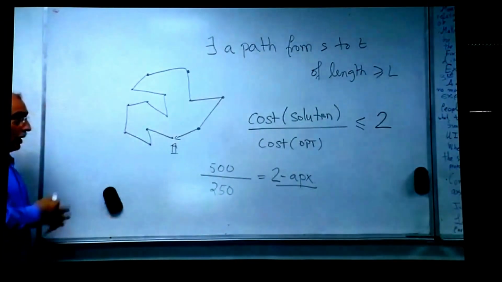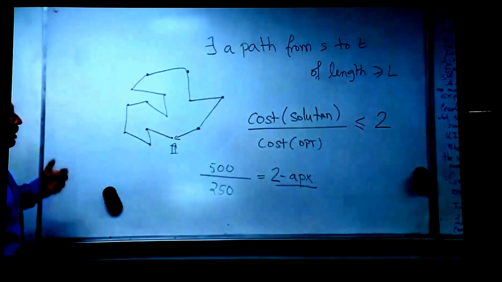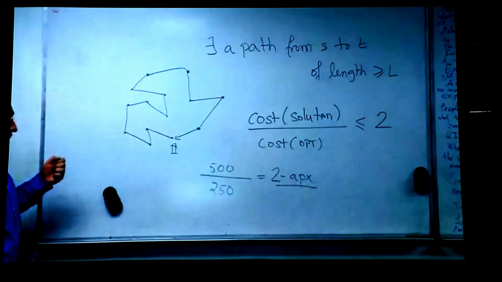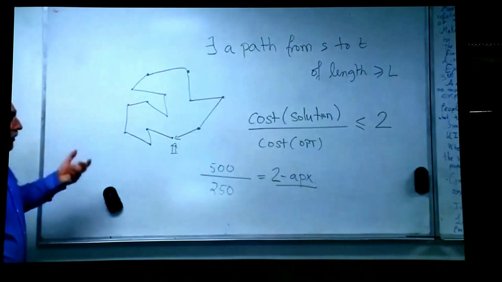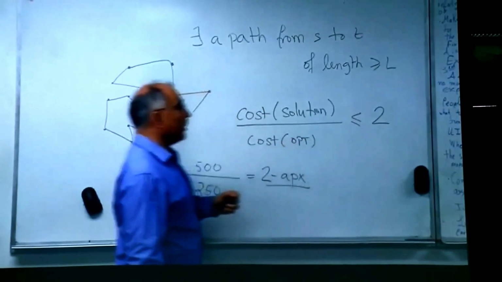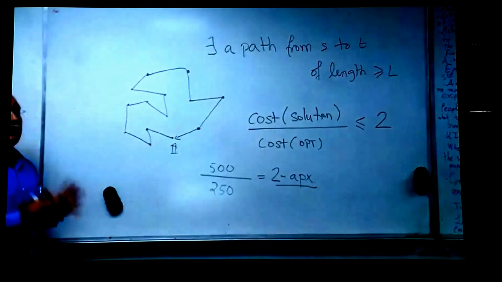So in other words, if the cost of the heuristic is 100, we don't know what the true optimum is, right? That's NP hard, and there's no polynomial time algorithm to find that. But if the algorithm came with a guarantee that the solution is within a factor of 2 of optimum, then we do know that the optimum cost is at least 50.